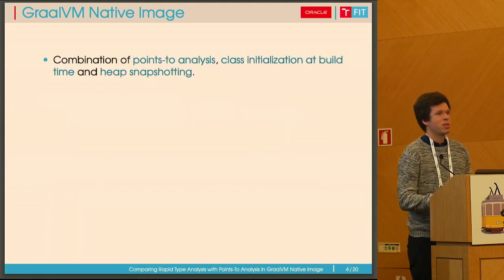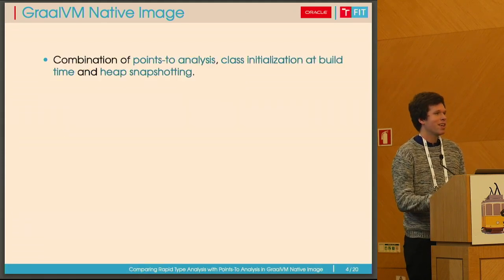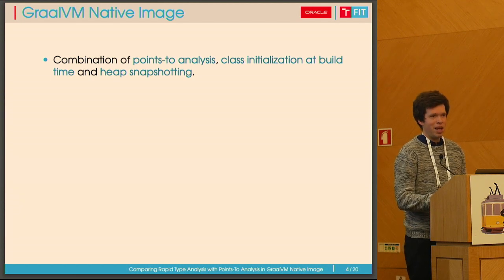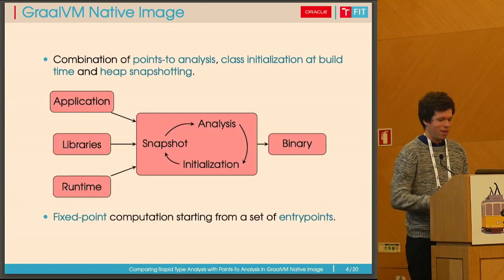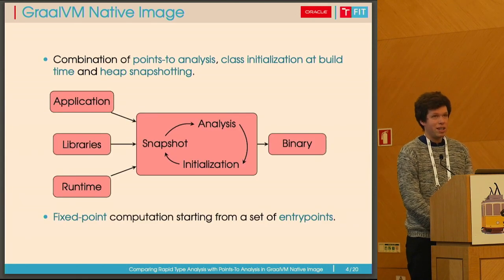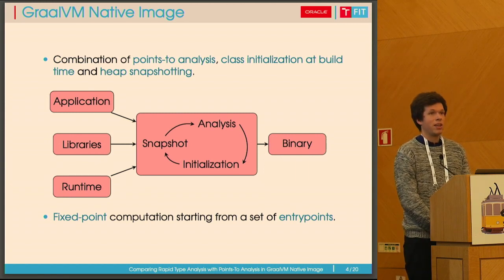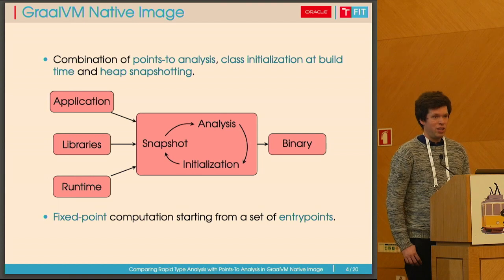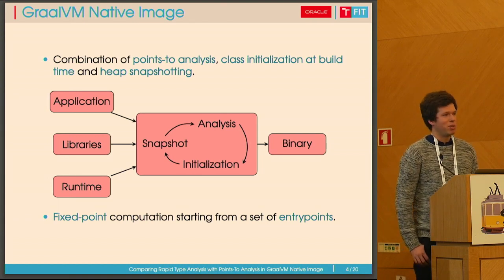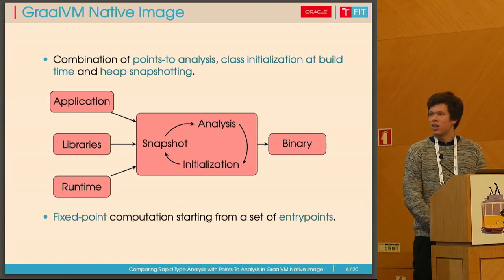Native image uses a combination of points-to analysis, class initialization at build time, and heap snapshotting to produce self-contained and fast-starting binaries. The analysis in native image starts from a set of entry points that gradually extends, and each class that is marked as reachable can potentially be initialized at build time.